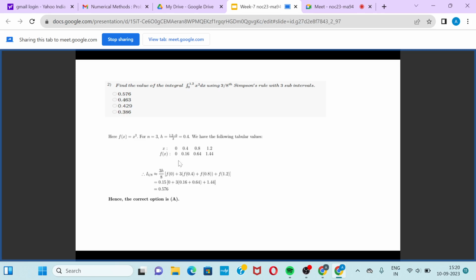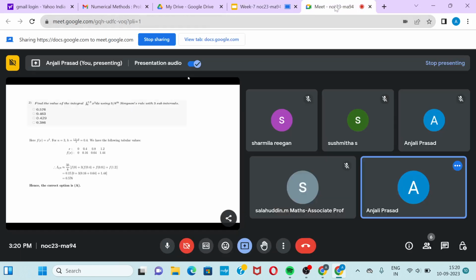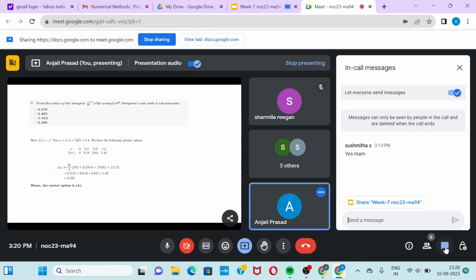Just substitute the values of f of 0, f of 0.4, f of 0.8 and f of 1.2, and h is 0.4, and solve it. You will get 0.576. So solve it. Are you getting it as 0.576? Just check your calculations. And if you have any doubt, tell me.